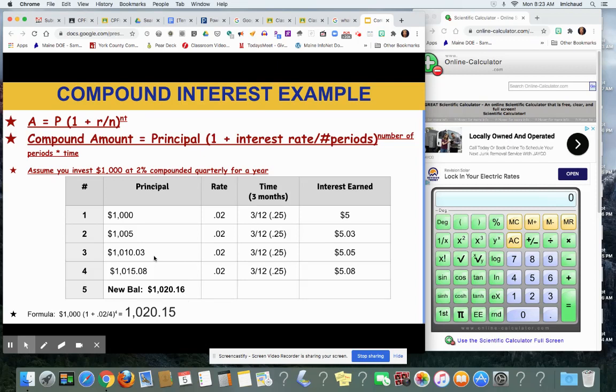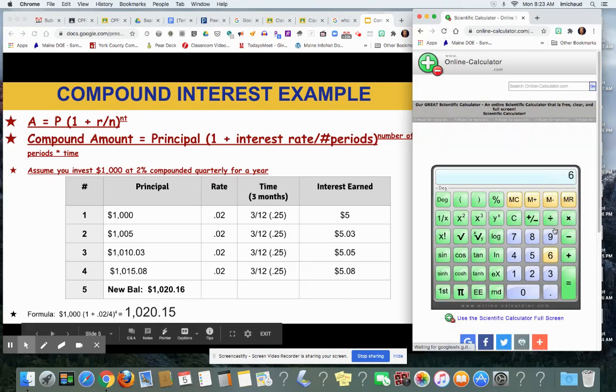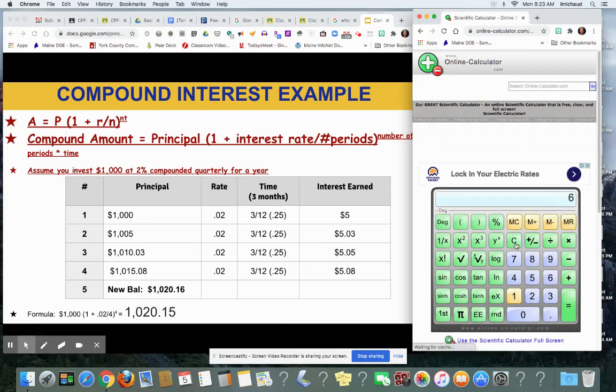Can you imagine if it's compounded daily, which is 365 times? So let's just do that. Clear this calculator. So 365, let's say it was daily for 5 years. You would have to do that 1,825 times. So that's why this formula really helps out. It's a lot faster.